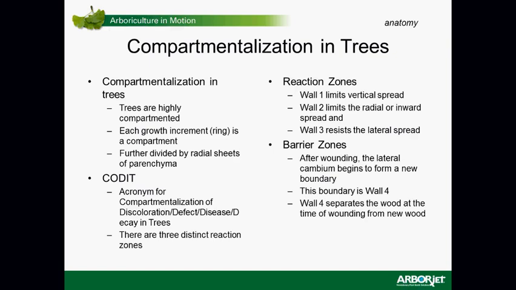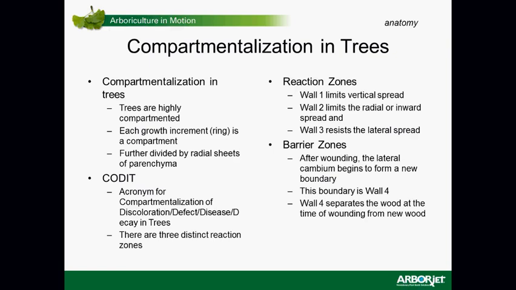So trees don't heal. Whatever injury occurs is there for history, and you can date that. I'll talk a little bit about that in a bit. But after the wound occurs, the lateral cambium will form a new boundary. So after wounding, you have these parenchyma cells, you have meristematic tissue there that is not differentiated. They're initials.